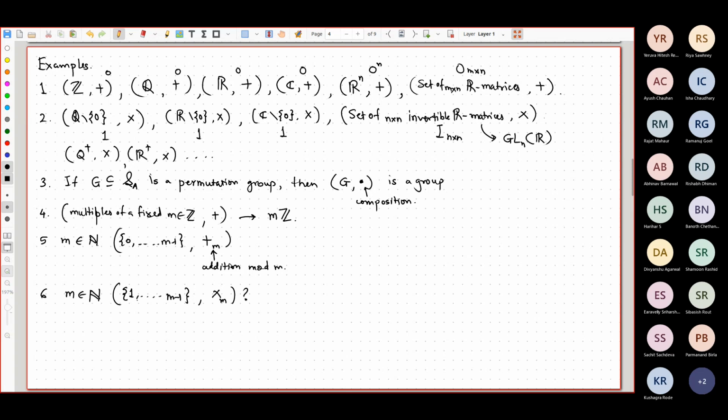Say, if M is 6 and the number is 2, then you can't multiply it with anything to get 1. Yeah, good. So M is equal to 6, and 2 does not have an inverse with respect to multiplication modulo 6, because you multiply 2 with anything and go mod 6, you are going to get an even integer. You are never going to get 1, right?